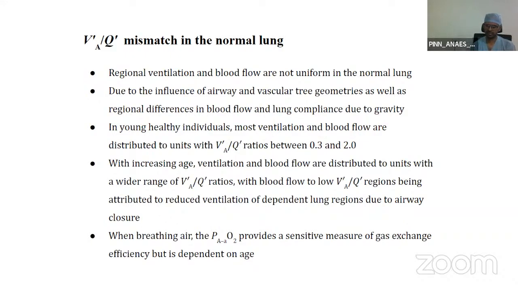This is the reason for the increased alveolar-arterial oxygen gradient as age advances. The alveolar-arterial oxygen pressure difference is a sensitive measure of gas exchange when anyone is breathing air. But again, as I said, it is dependent on age.